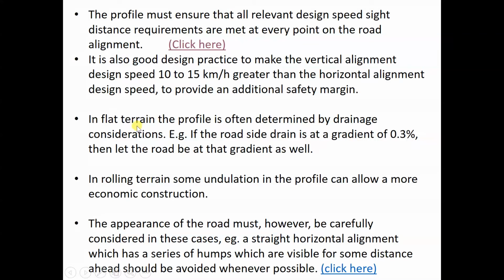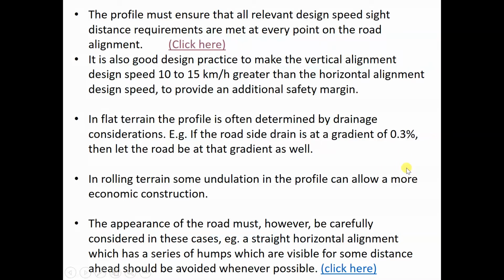In flat terrains, the profile is often determined by drainage considerations. For example, if the road side drain is at a gradient of 0.3%, then let the road be at that gradient as well. That means the roadside drain, whether on an urban road or rural road, needs to flow at a gradient like 0.3%.